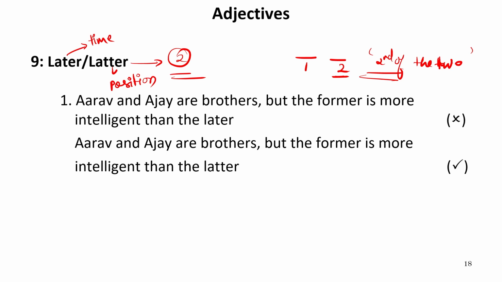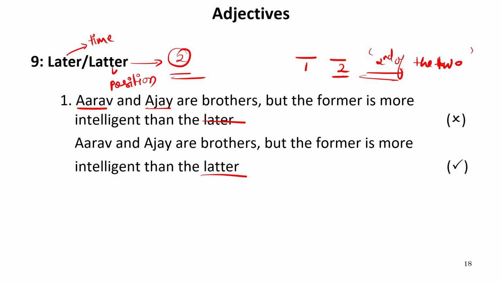Now, Arav and Ajay are brothers, but the former is more intelligent than the latter. It means we are talking about the former. Former means Arav, and latter is Ajay, but it is latter, not later. So the word later is incorrect over here. It should be replaced with latter, because we are talking about the second one.